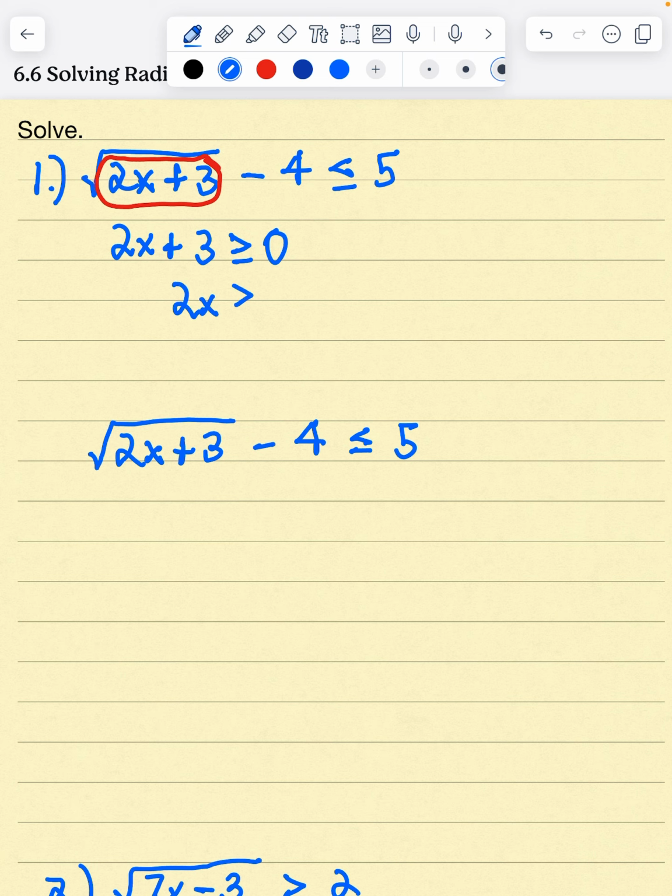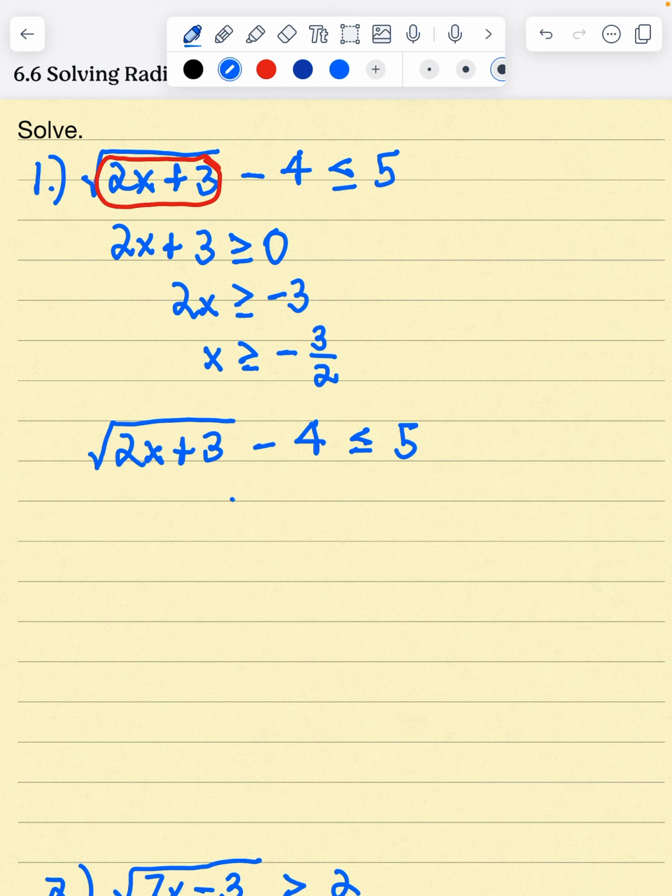I'll subtract 3 from both sides, divide both sides by 2, and get x is greater than or equal to negative 3 halves. That gives us the values that make the radicand either 0 or a positive number, for which it is defined. Now, I'm going to actually solve the inequality just like I solved equations.